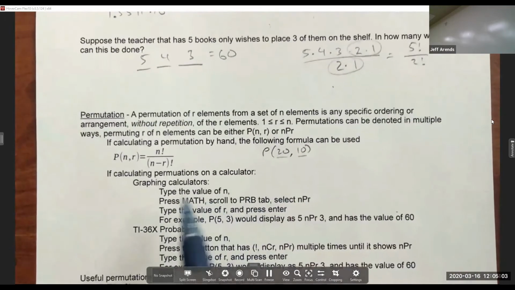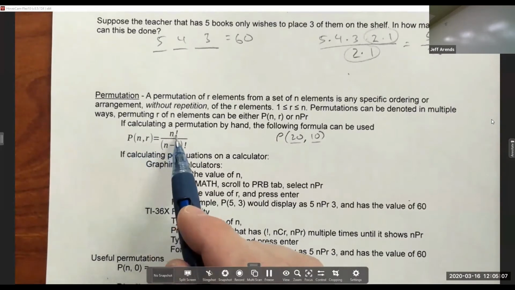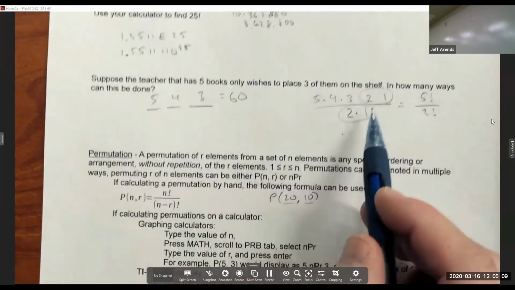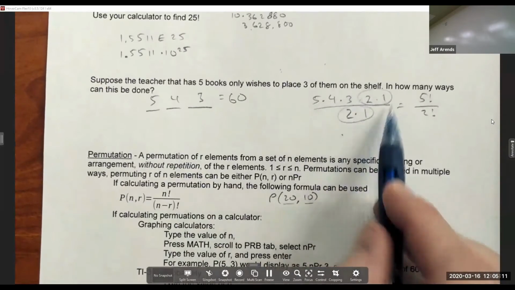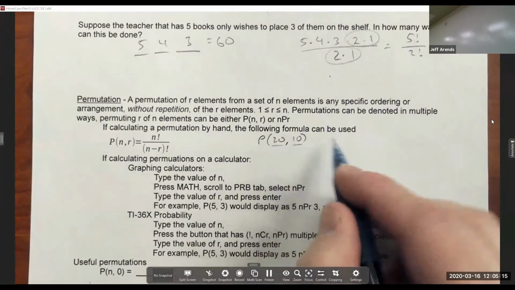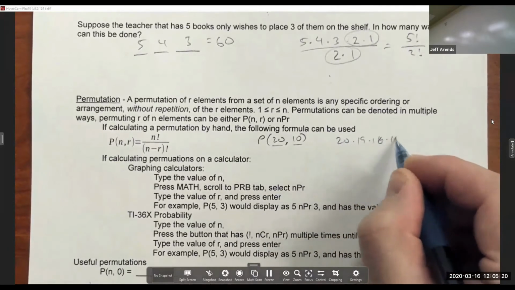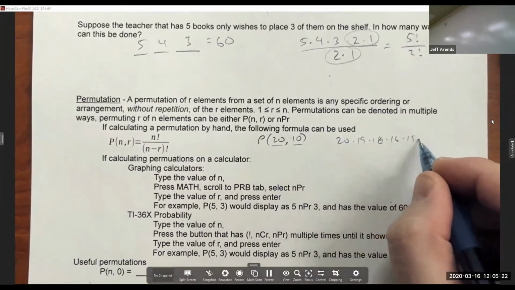All right, so the general way, if we were calculating these by hand, we would do n factorial over n minus r factorial, and that gives us the cancellation that I described up there. In this instance, if we had 20 books and we were permuting 10 of them, we do 20 times 19 times 18 times 17 and so on.